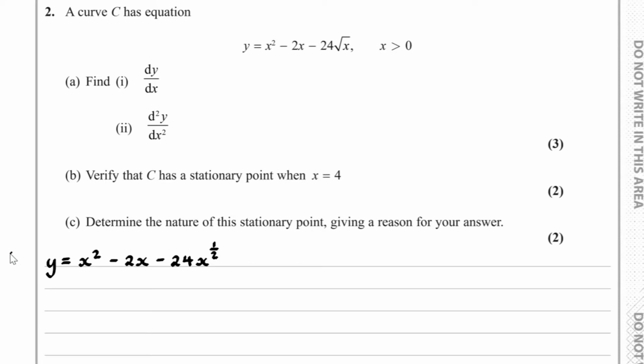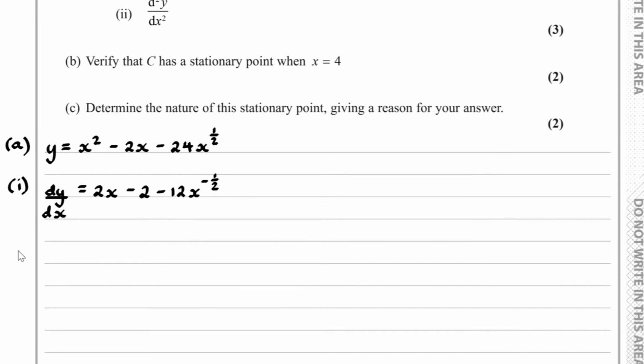And so, for the first part of part A, when we come to find dy over dx, differentiating x squared, we end up with 2x, differentiating negative 2x, we end up with negative 2, and differentiating negative 24x to the half, we end up with negative 12, x to the negative 1/2.